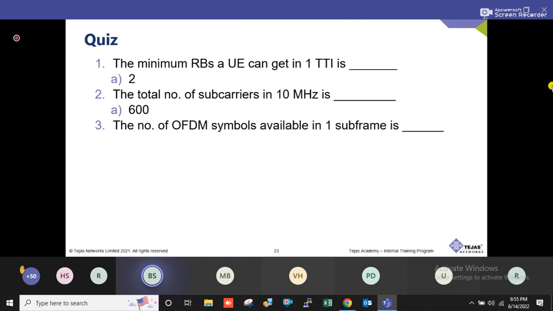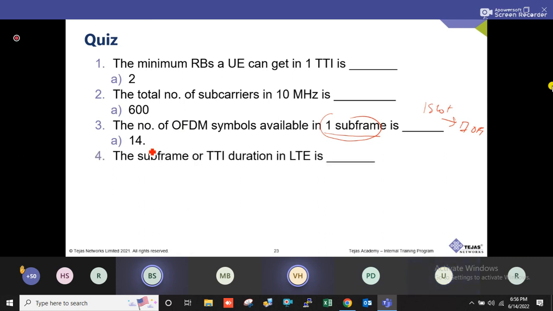Not 168. 14. Not 7, 14. Read the question here: it is one subframe, not one slot. If it was one slot, the answer would have been 7 OFDM symbols. One subframe is actually 14 OFDM symbols, 2 slots. Correct.